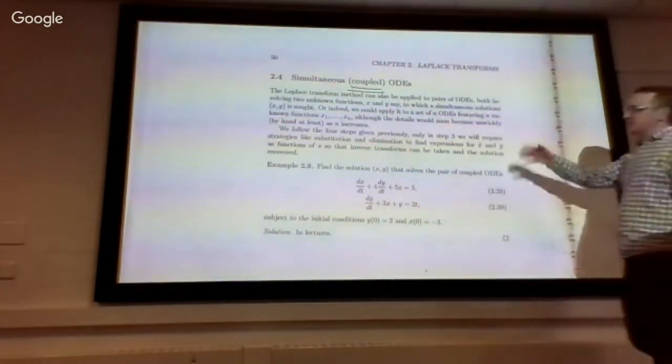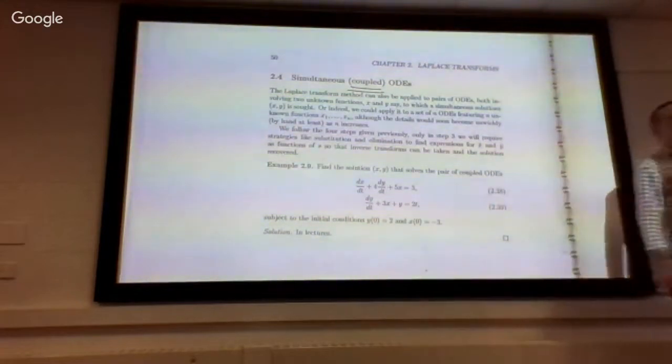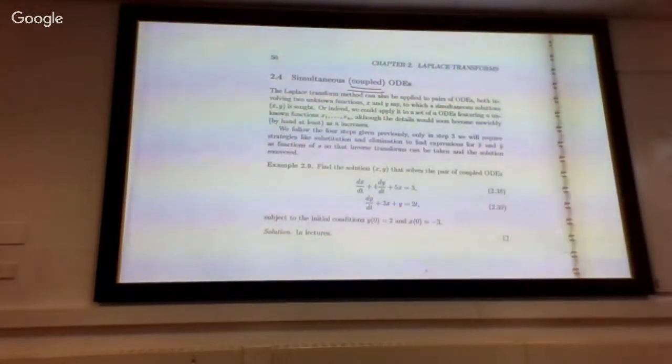But it is a very important skill in this chapter, and it's the central thing we're trying to teach you to do in this chapter. So you should be well practiced at taking a differential equation and its initial conditions and going through that whole four-step process and arriving at the solution.